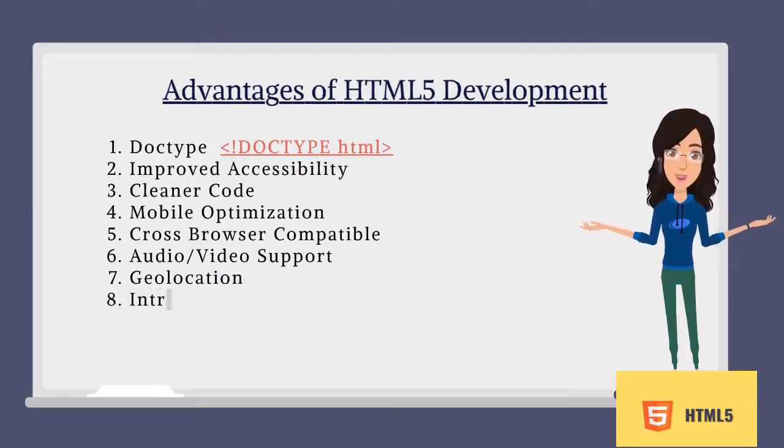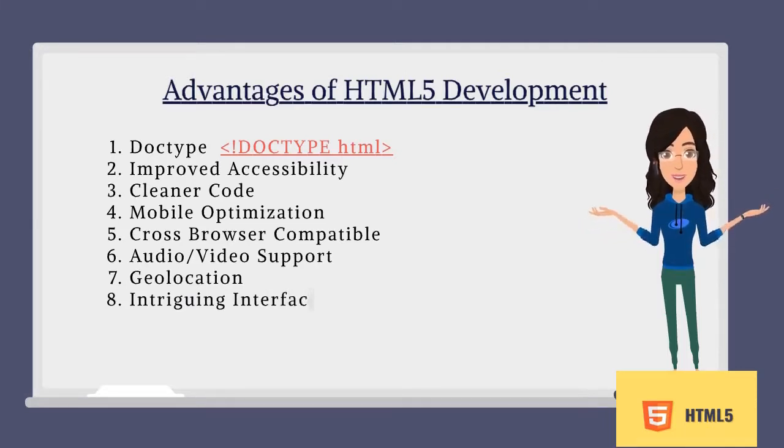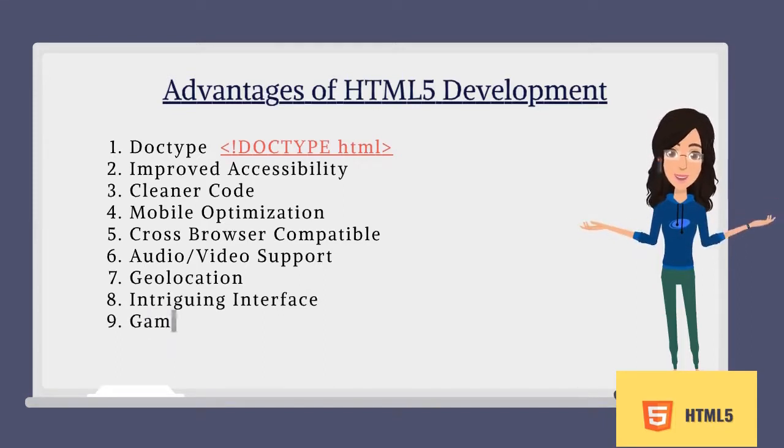Fourth is mobile optimization. Mobile internet users have surpassed desktop and laptop users and continue to grow, and hence websites need to be mobile friendly. HTML5 is the most mobile-ready tool and allows us to build websites and apps for various mobile devices.